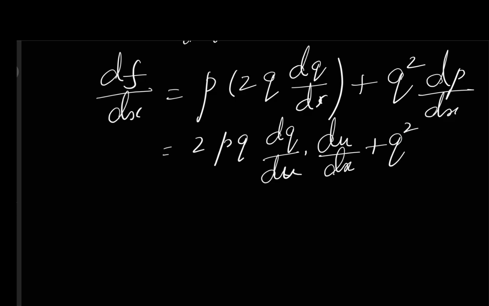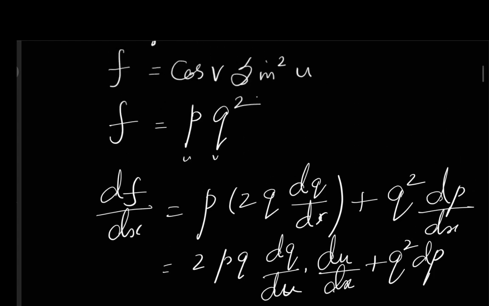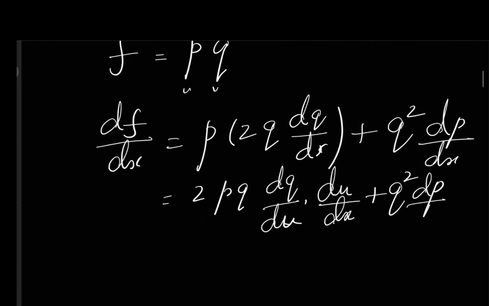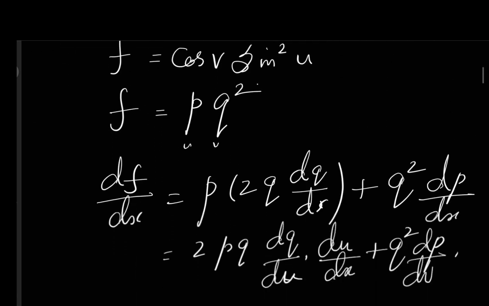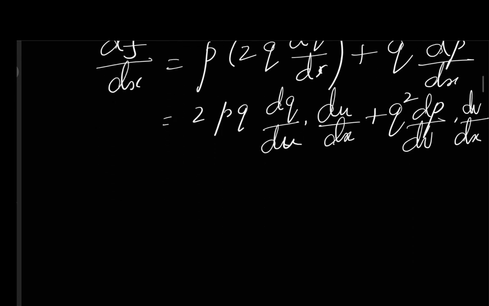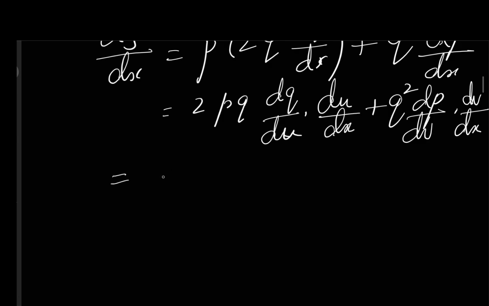Same thing, q squared. I want dp by dx, but I can differentiate p with respect to v, so dp by dv, but v with respect to x, dv by dx. Now make the substitution here, that's all.